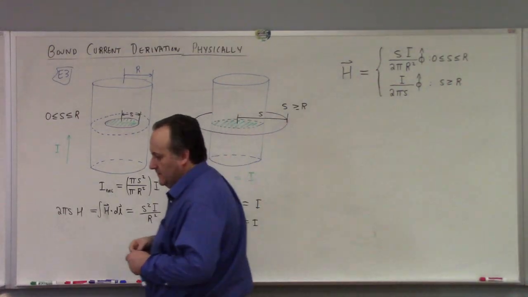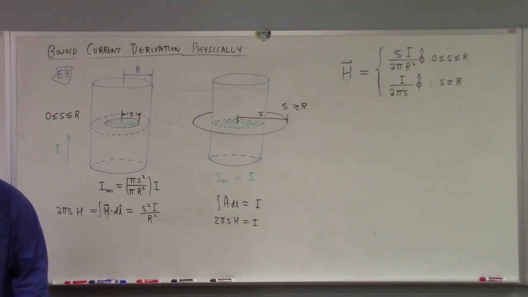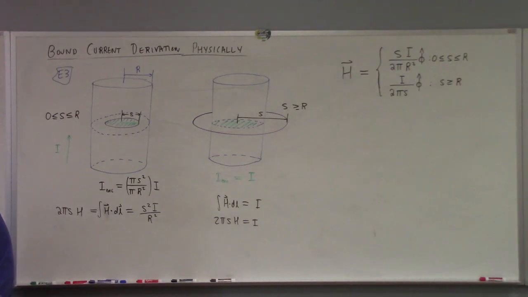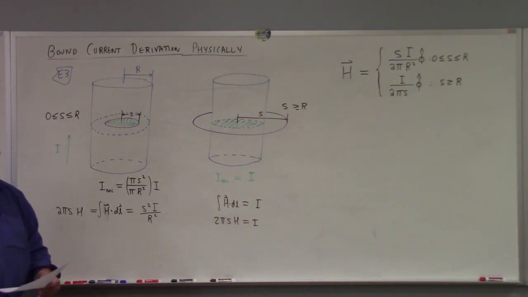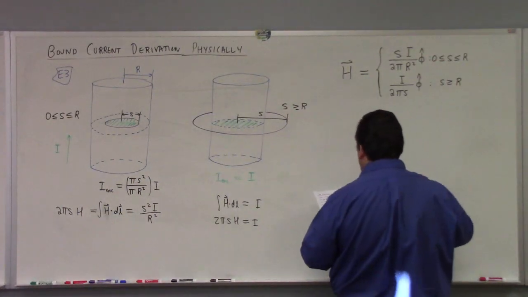Now, I cannot say with authority what the value of the magnetic field is within the cylinder, because I haven't said what the magnetization is of the cylinder. I would need to know what the magnetization is in order to get the magnetic field from the auxiliary field.